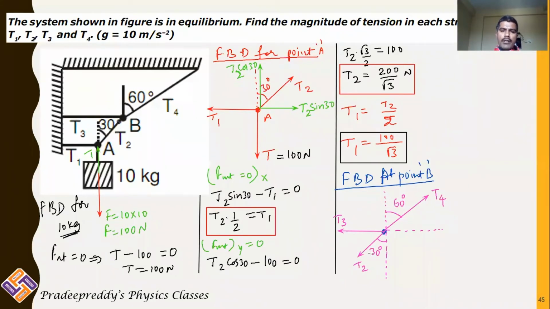One component along the downward direction and the other component along the left side. T4 also can be resolved, one component along upward and the other component along downward. I will be writing these as: this is T2 cos 30 and this is T2 sin 30. Next, upward here it is T4 cos 60 and this is T4 sin 60.